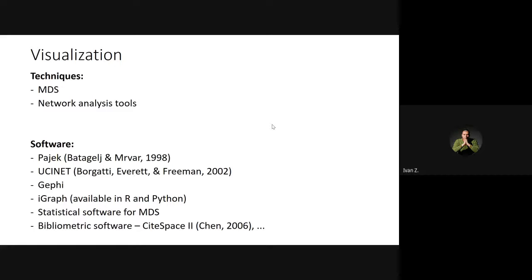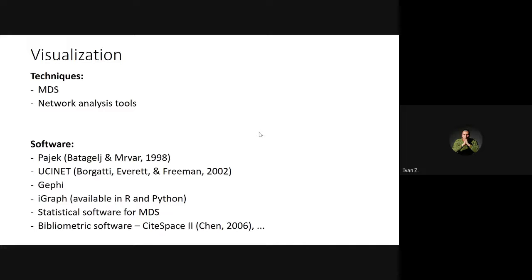Multidimensional scaling was also a method used previously, but nowadays I have to say, in newer studies I rarely see it published. As for software for network analysis, three are the most important, I'd say: Pajek, UCINET, and Gephi. Gephi is also a good visualization and network analysis software. It's easy to use, and it's open source, so it's developed constantly.